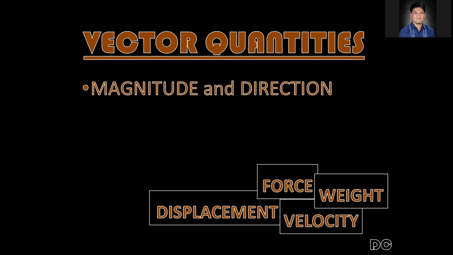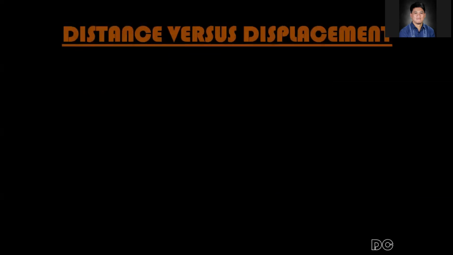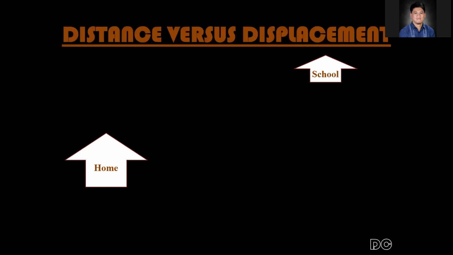Why is distance an example of a scalar and displacement an example of a vector? What is the difference between distance and displacement?